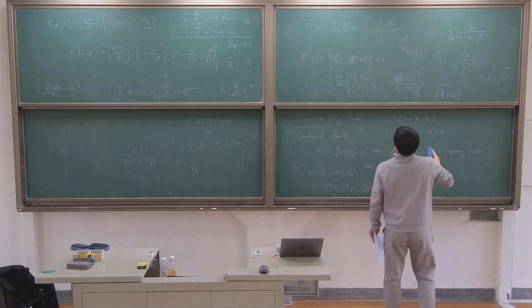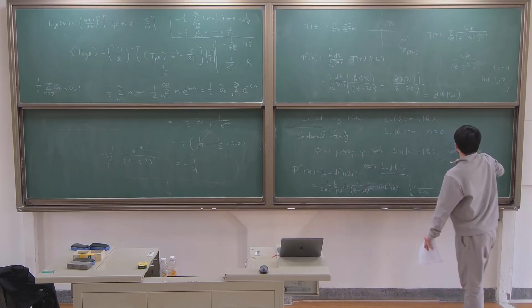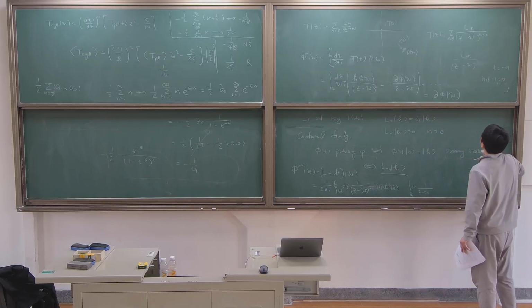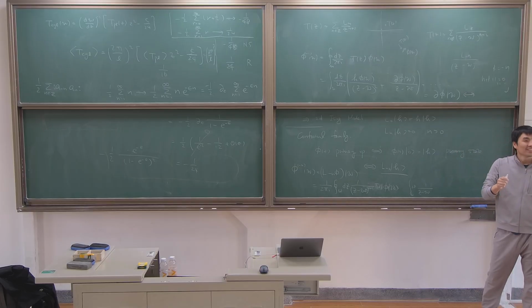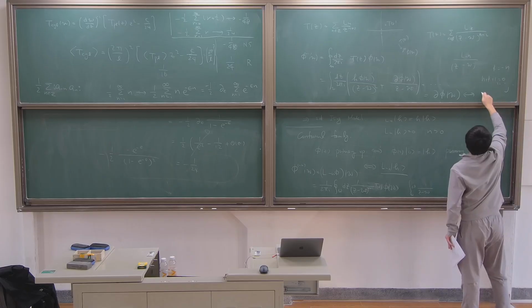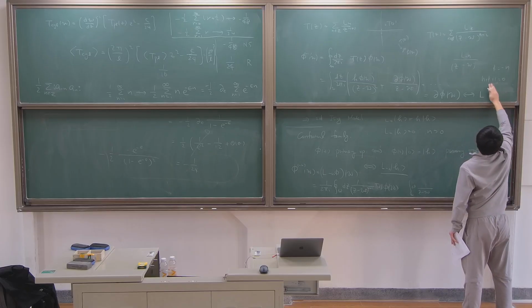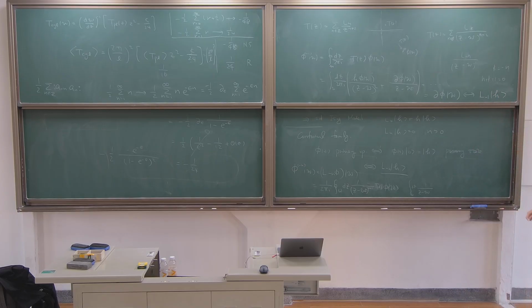Fine. So therefore, the first descendant corresponding to it, it corresponds to L minus 1.